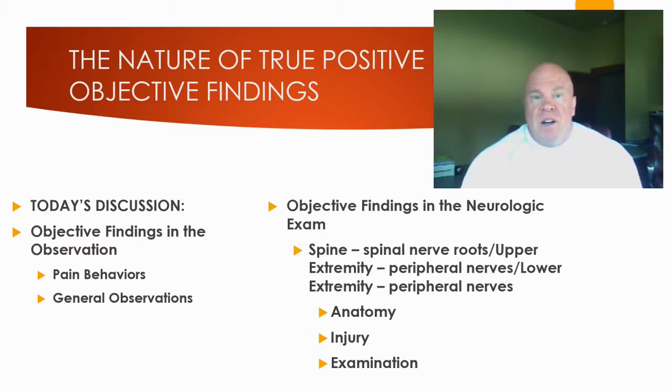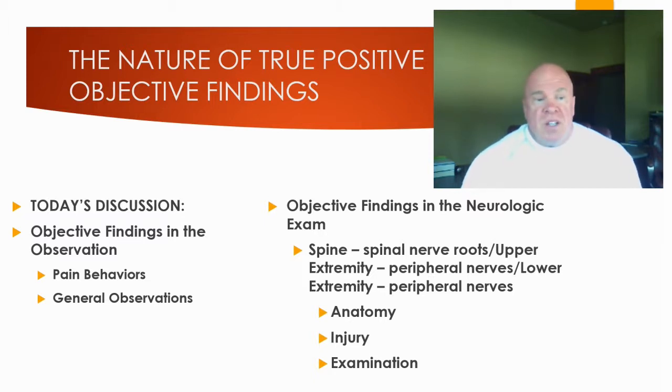And then in our next session, I want to talk to you about true positive physical examination findings in the neurologic examination of your examinee, where I find doctors have a great many misunderstandings about what constitutes a true positive finding for neurologic dysfunction. And I want to focus specifically on the sensory examination when we get to a discussion of the neurologic exam.